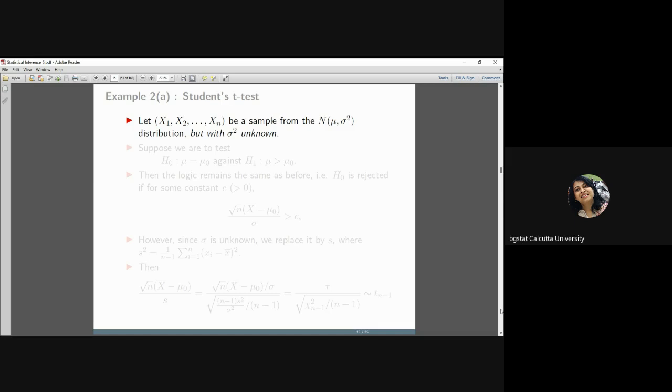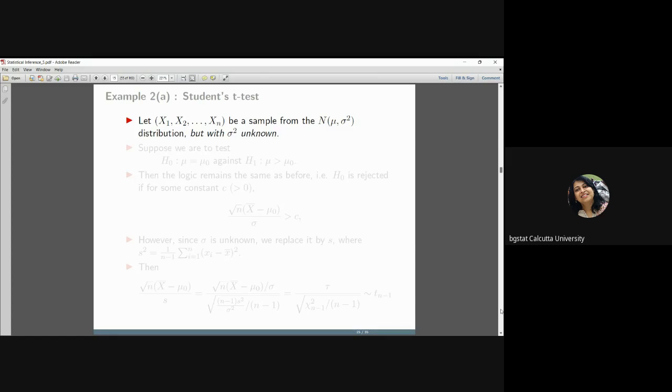But in general, for say a field survey, an observational survey, we don't really know the value of sigma square. So if I ask you what is the average variability in height of an adult Indian, we don't really have any definite guide on that.